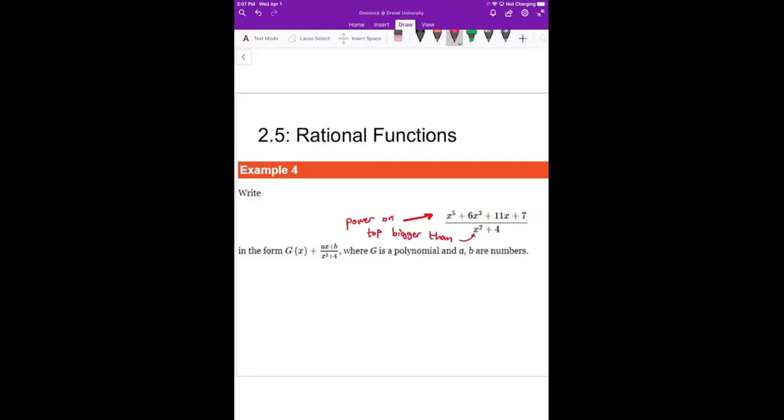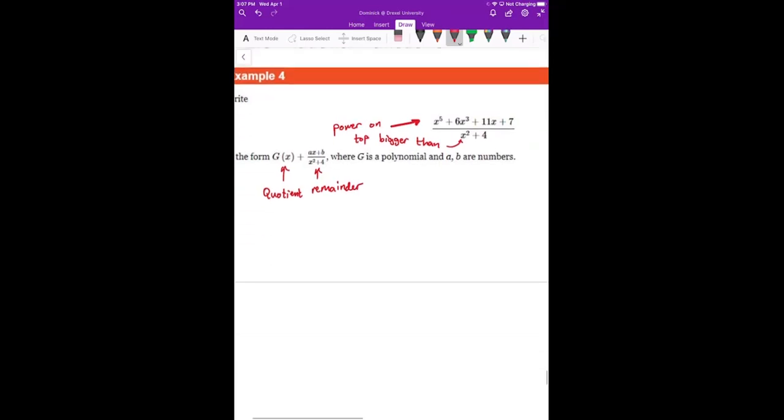So you have degree 5 on top and degree 2 on the bottom. So this means that we can perform long division and end up with something that gives us a regular polynomial and then plus sort of your remainder. All right, and this is like the quotient. All right, so let's run through an example of how we can do this long division.